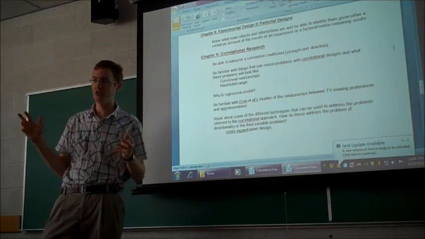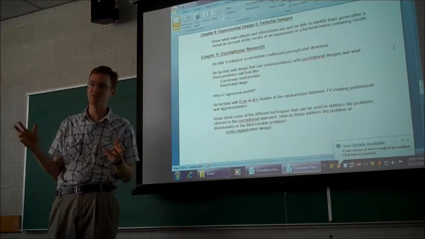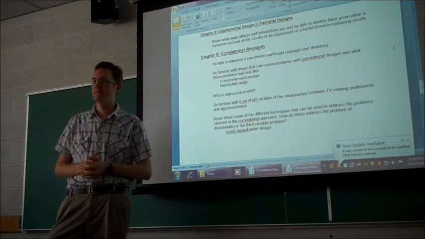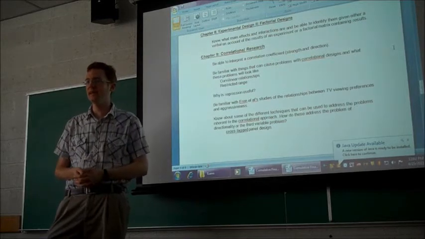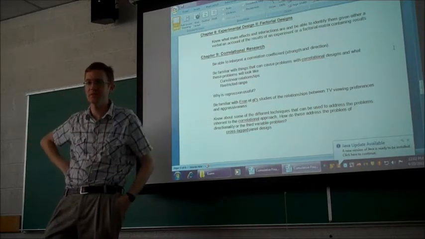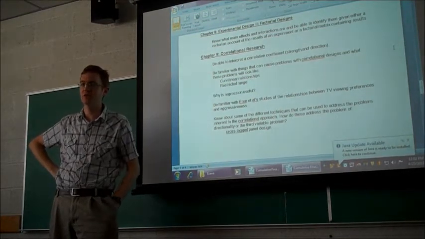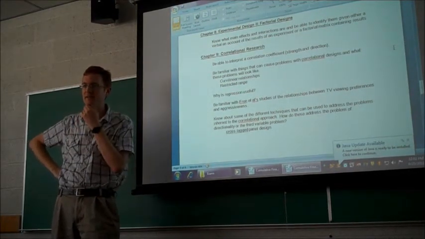Is there an interaction? Is there a main effect and an interaction? What are those main effects? So I'm going to have something just like that on the final exam, so you'll need to make sure that you've got that straight, and that you understand how to interpret a set of results like that. Okay.